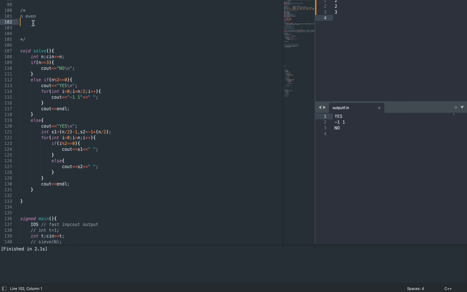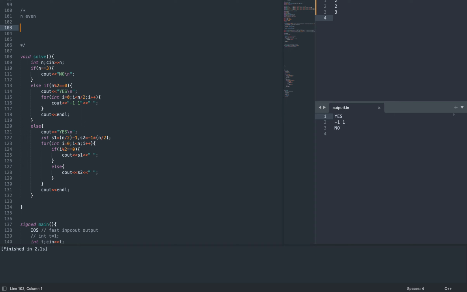For example, for any even n, we take a simple pattern like minus 1, 1, minus 1, 1, minus 1, 1. The sum of the whole array is 0, and the sum of any adjacent pair, minus 1 plus 1, is 0. So this condition is always true. If n is even, we can always get the answer.